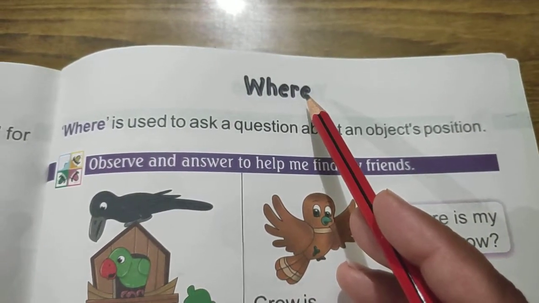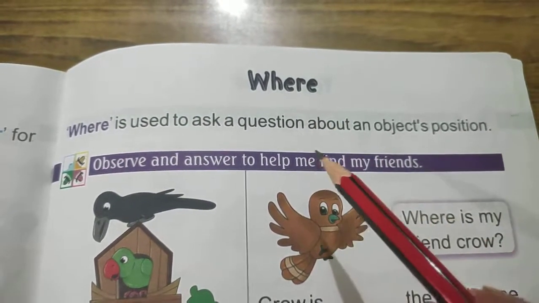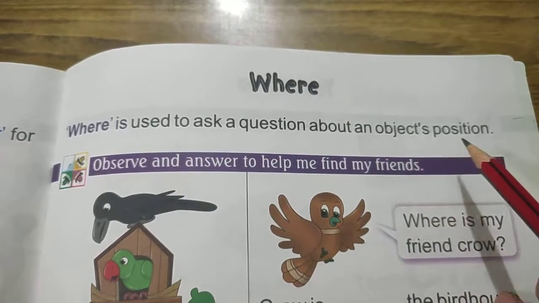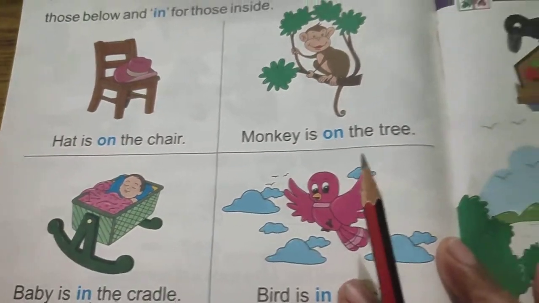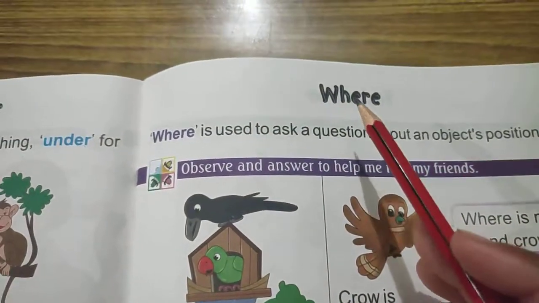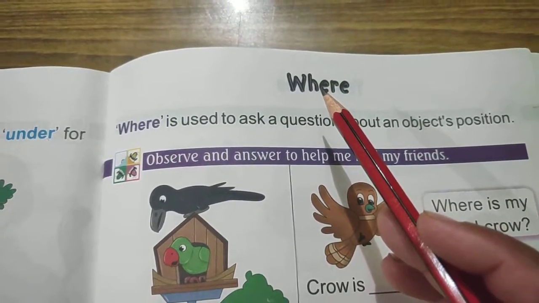Where word is used for asking a question about an object's position. Here we read about the position of things and where is also used to ask the position of objects.